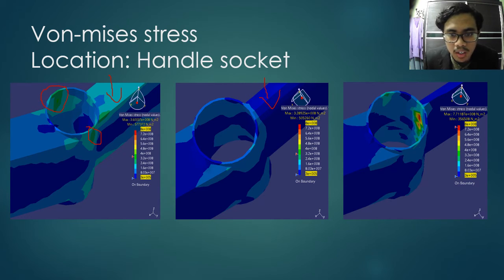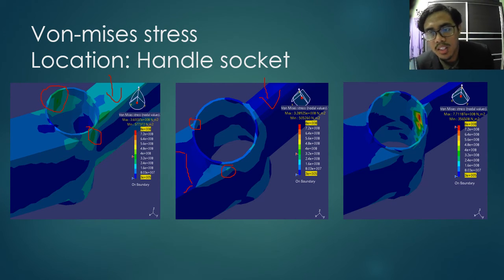Also, the highest value on the socket is about 300 megapascal, which is located at the joint of the handle socket between the frame bar. So for the diamond, we can see that it also has a concentration when the load is easily forced on the beam.